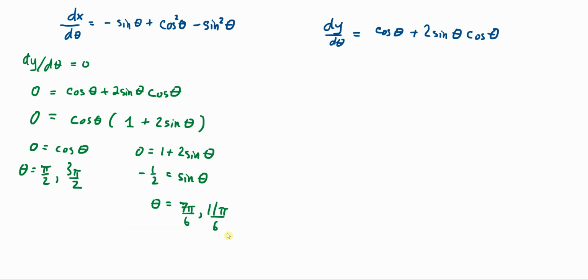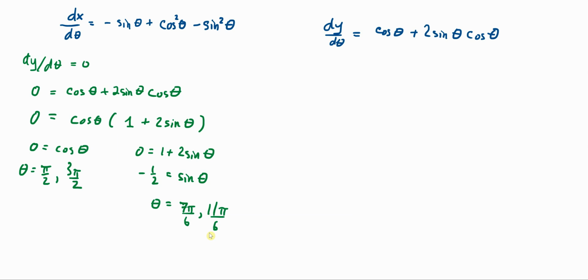Now, I want to point out here that the answer that we're looking for is not going to be in terms of theta, it's going to be in terms of x and y. Okay, so we don't need to worry about infinitely many points because once we look at the graph, it's just going to cycle through repeatedly. And I'll show you what the graph looks like kind of at the end of all of this.